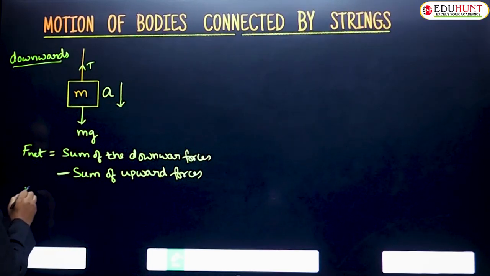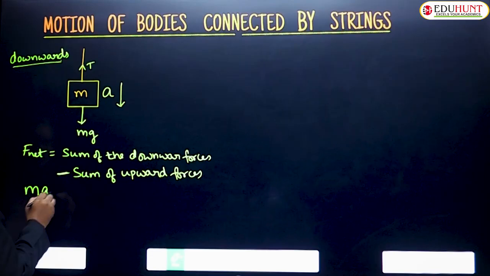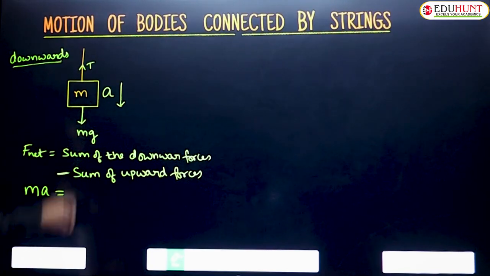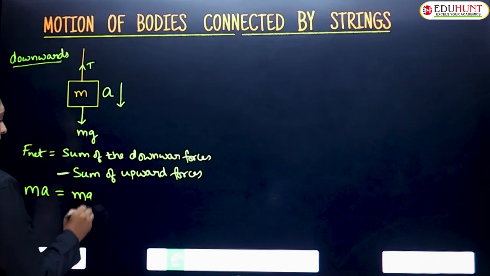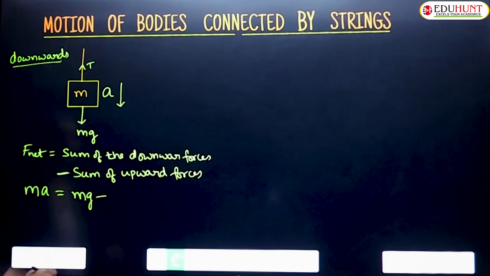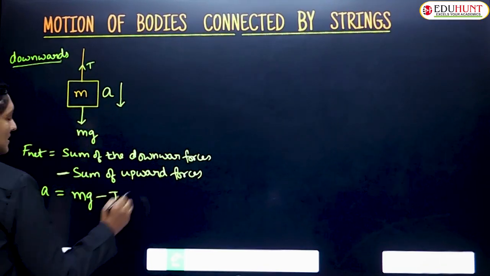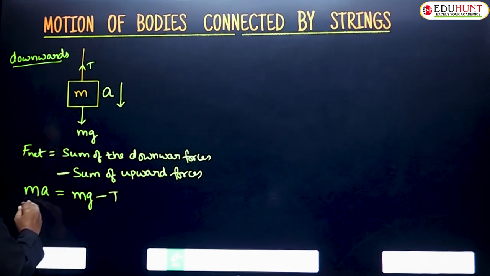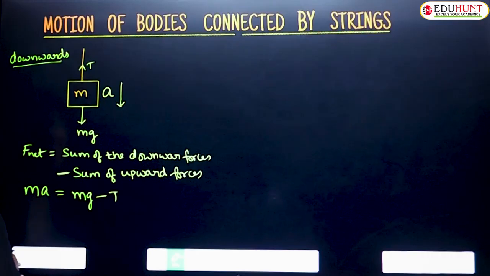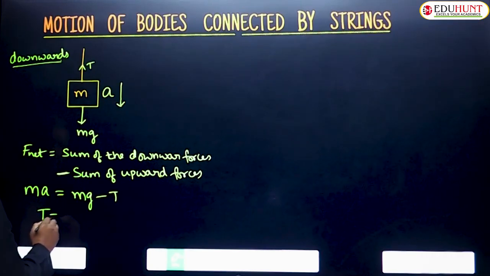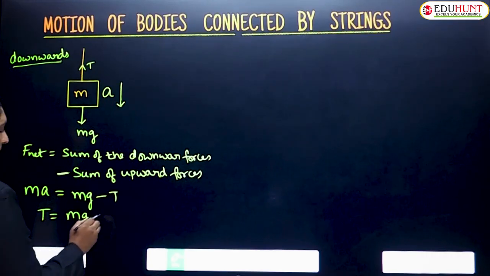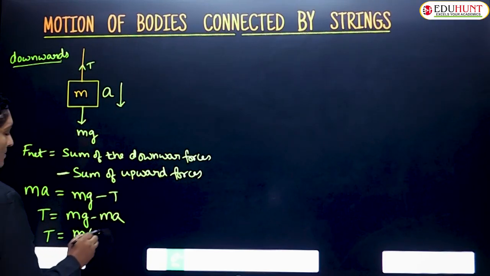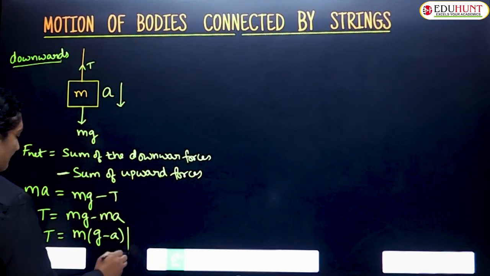The net force is nothing but mass into acceleration. The mass of the block is m and the acceleration is a, which must equal the sum of the downward forces, the only one being mg, minus the upward force, which is the tension T in the string. After simplifying, bringing minus T to the left side and ma to the right, T equals mg minus ma, or T equals m times g minus a.